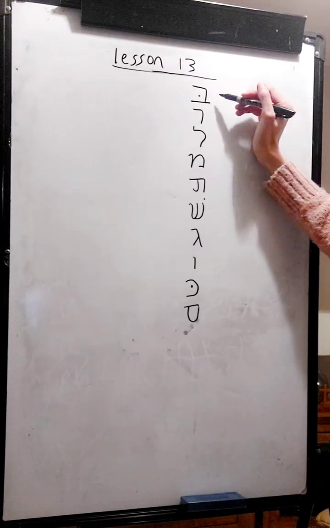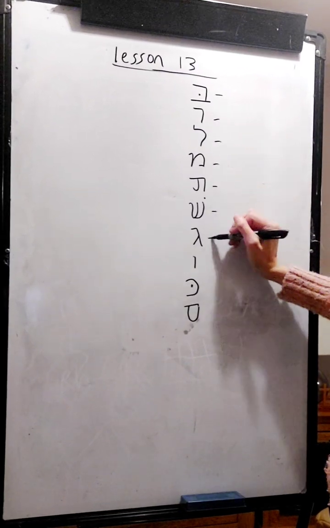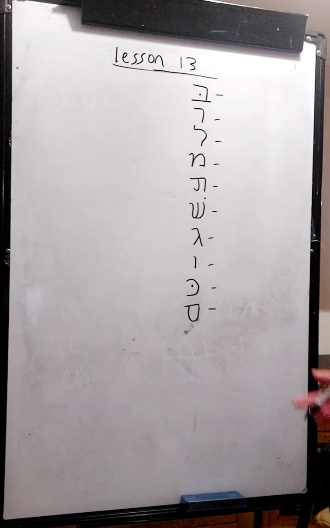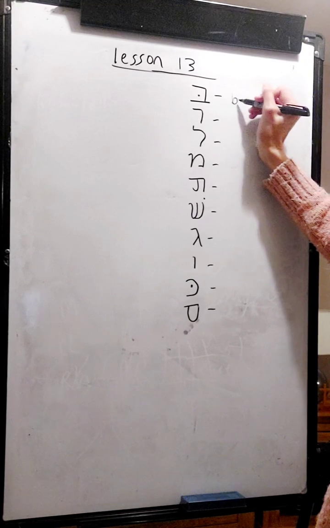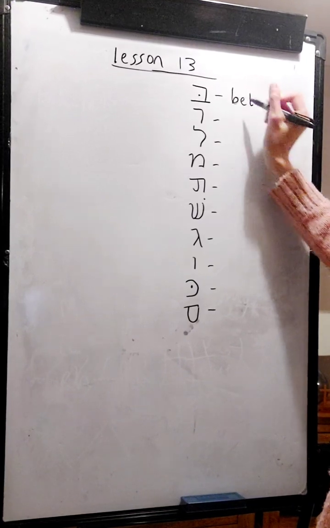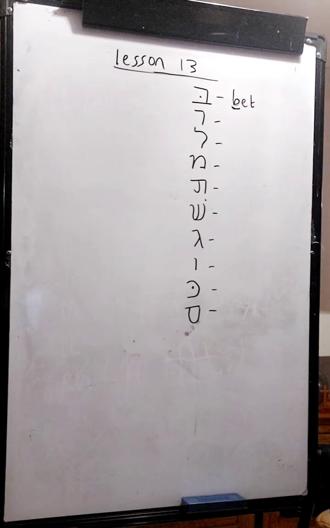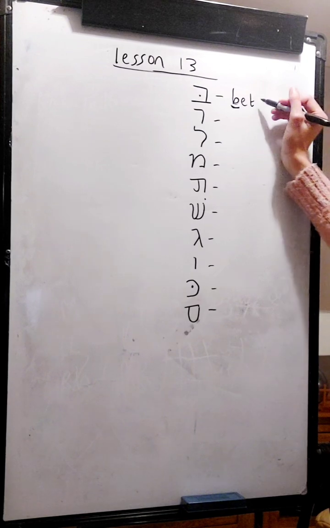Okay, so the first one. If you want to say the name of the letter, you can, because by saying the name of the letter, it helps you to remember our sounds. So the first one is the bet. And it sounds ba. The first letter of its name is our sound. Ba. So sounds as ba.